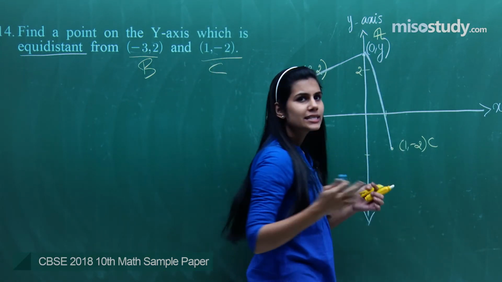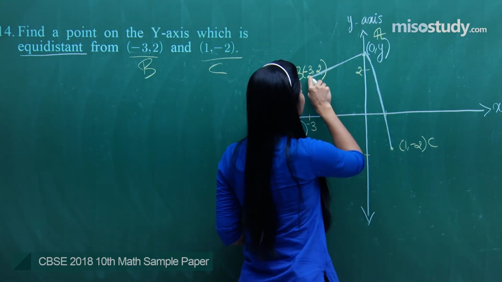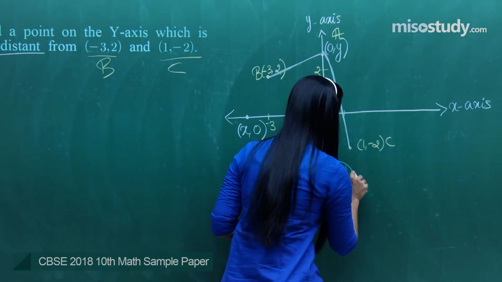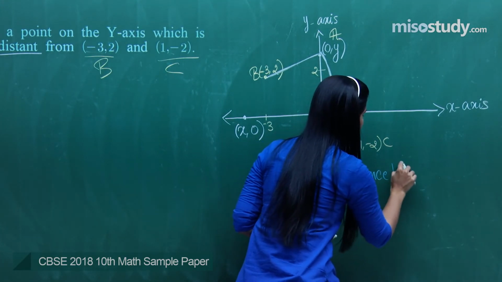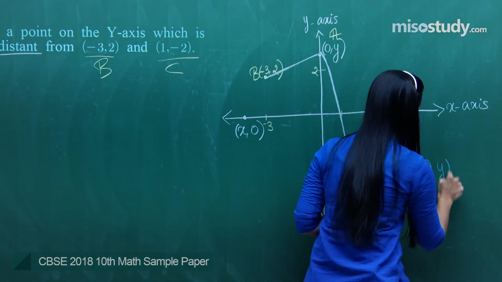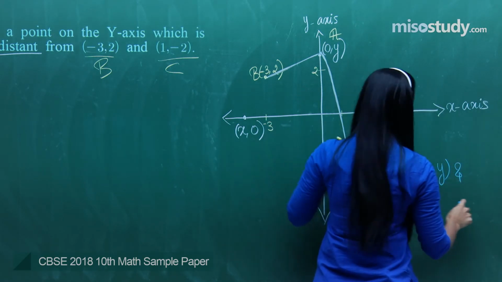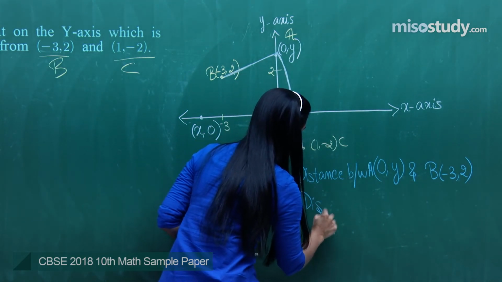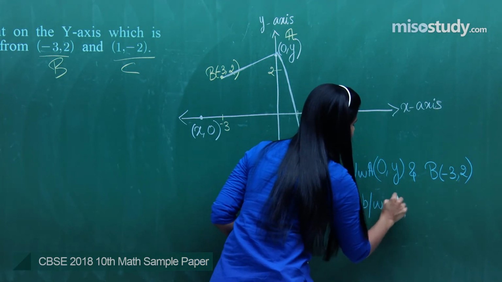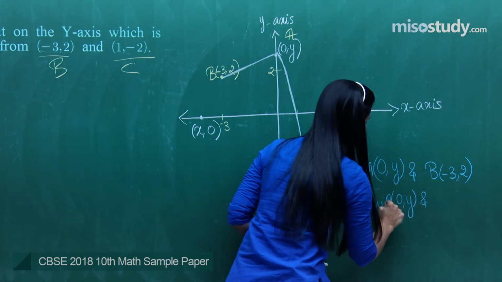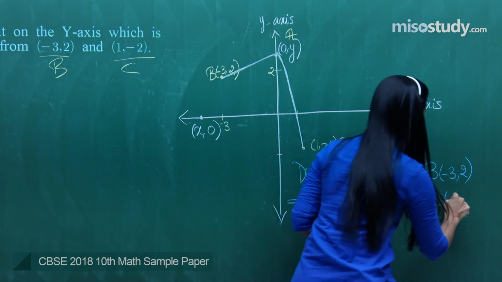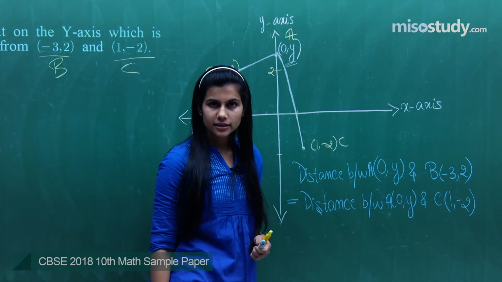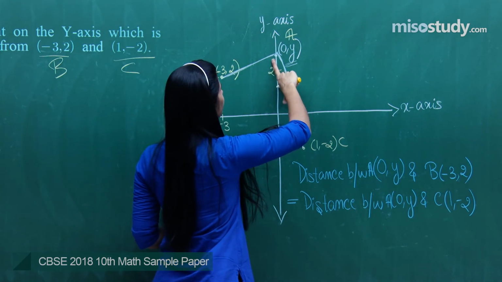So that point will definitely look like 0, y, and that point is equidistant from B and from C. That means in the question it's given that the distance between 0, y, which is your point A, and point B, which is -3, 2, is same as the distance between 0, y, which is your point A, and your point C, which is 1, -2.